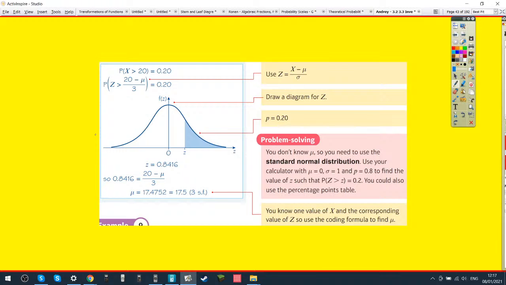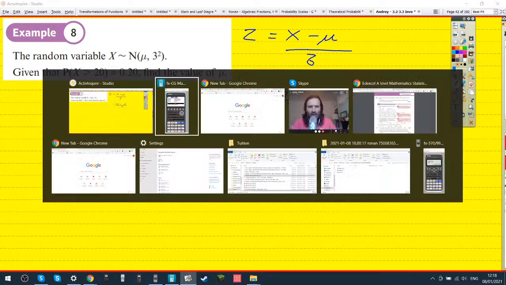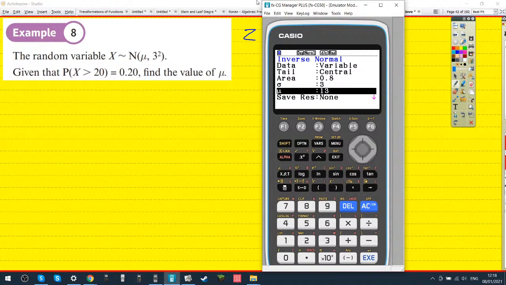Calculate their mu at 0. Okay. Aha. Yes.